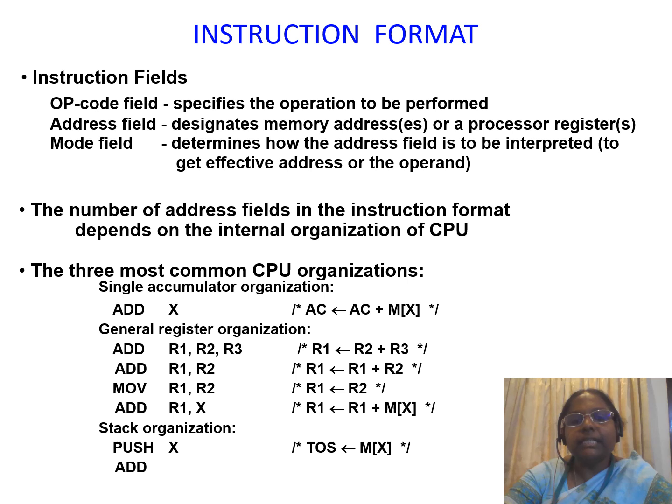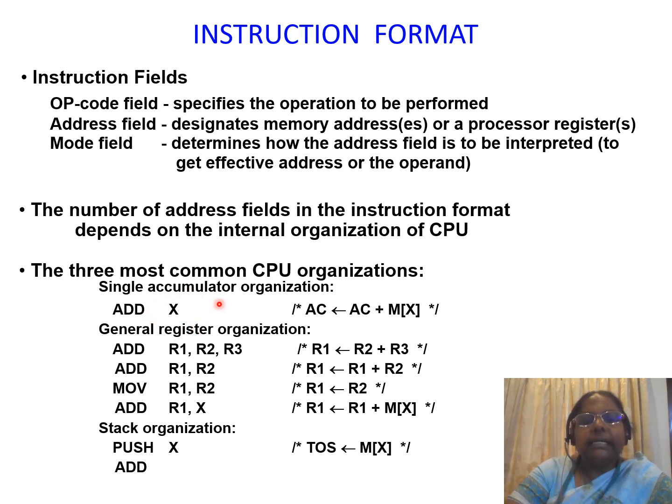The number of address fields in the instruction depends on the internal organization of the CPU, and there are different instruction formats. It can be a single address instruction, a three address instruction, a two address instruction, or a zero address instruction. Based on the number of operands specified in an instruction, we can categorize them into different formats. For a single address instruction, for example, you have ADD X, which has only one operand specified.